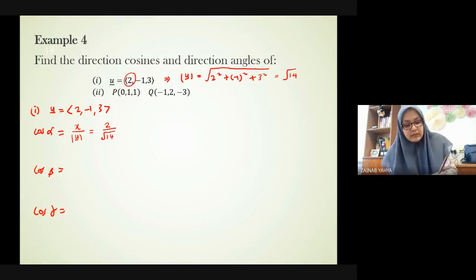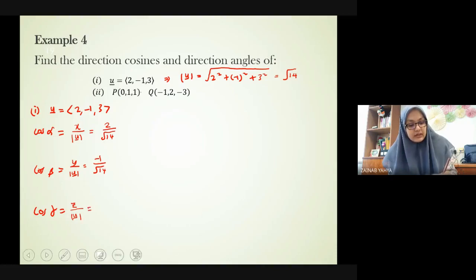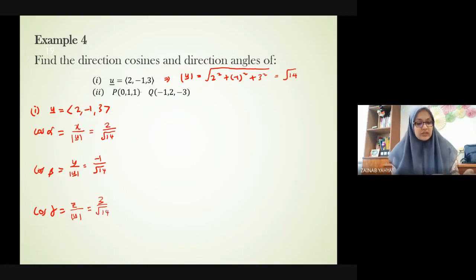Cos beta will be y divided by the magnitude of U, which is -1 divided by square root 14. This is the y component. And then cos gamma will be the z component divided by the magnitude of U, so it will be 3 over square root 14. So that is the direction cosine.